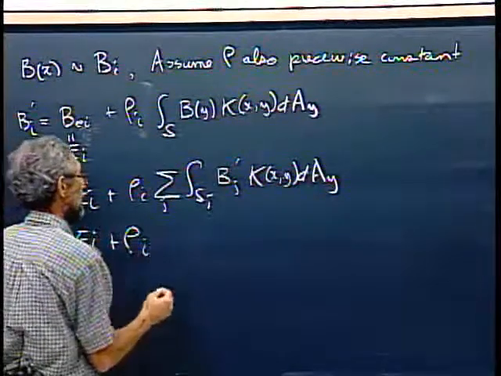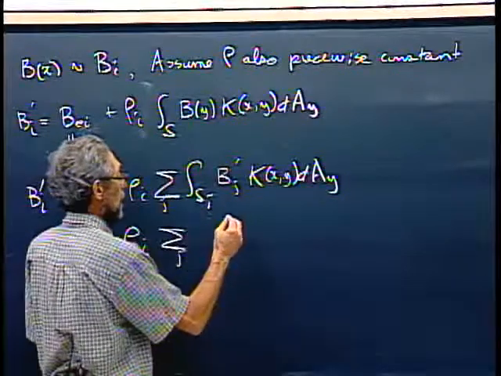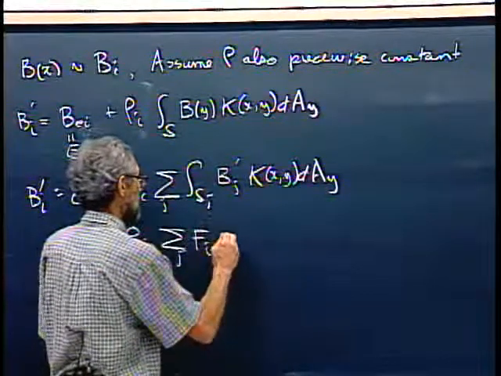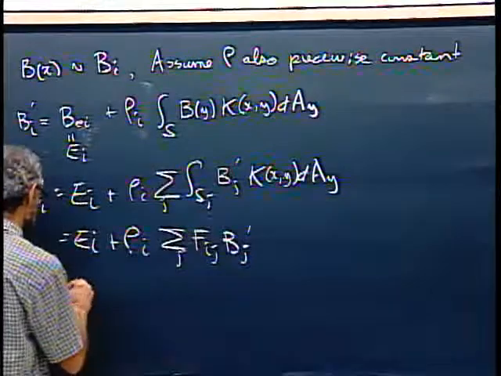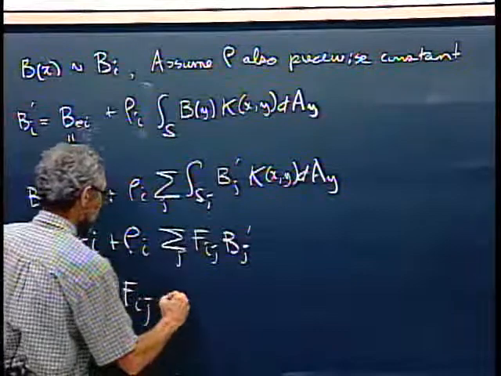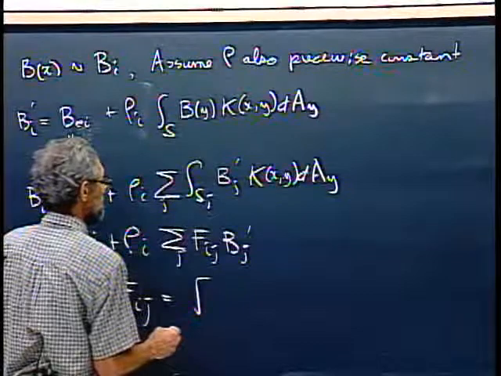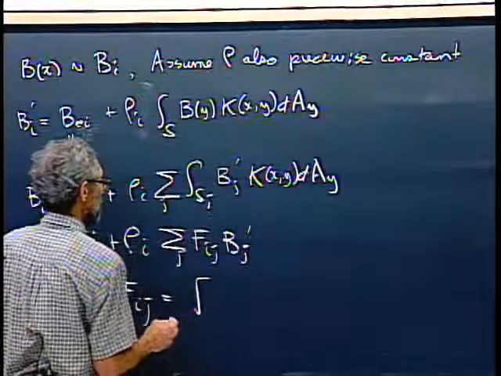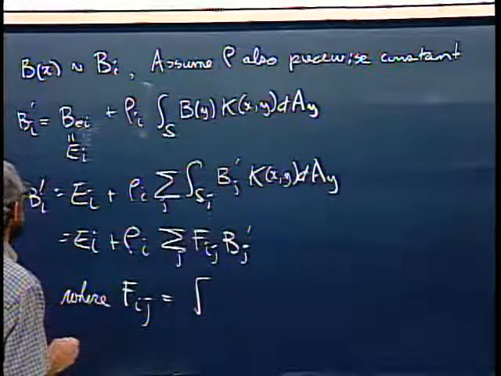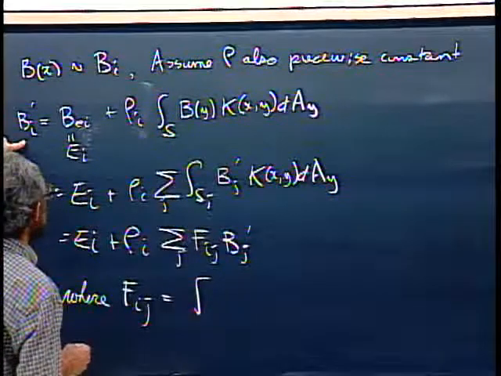Plus rho i times the sum over j. And so what's left of the integral I'm going to call Fij. So this is going to be Fij times Bj prime, where Fij is the integral, well, let's see. I'm missing this one, which is supposed to be the average radiosity.